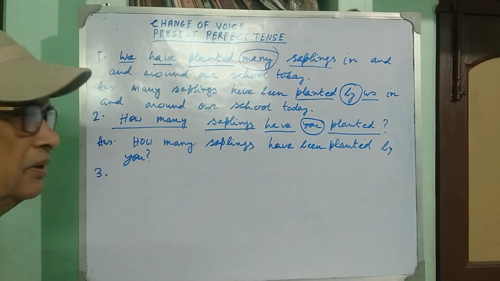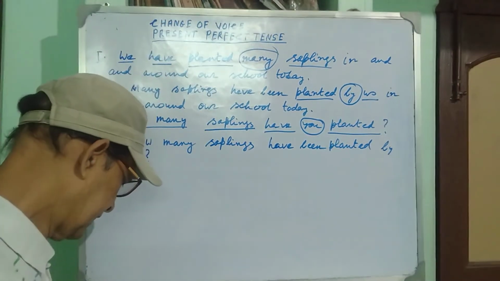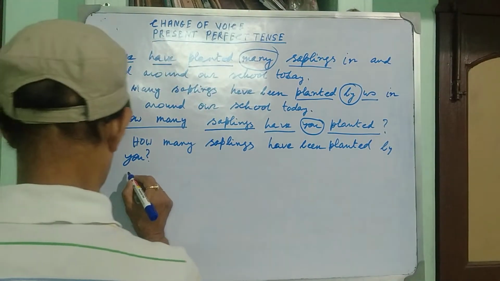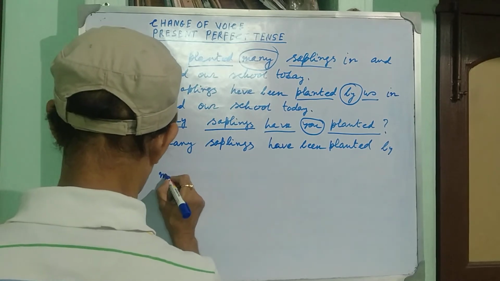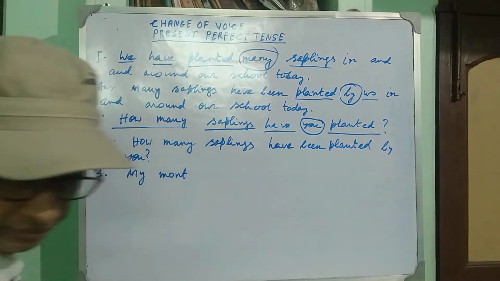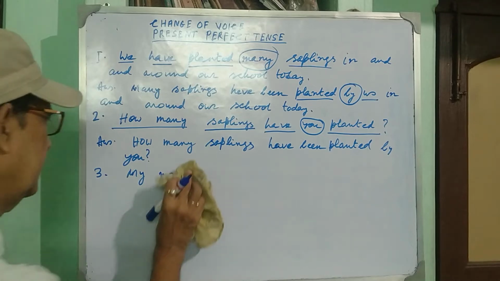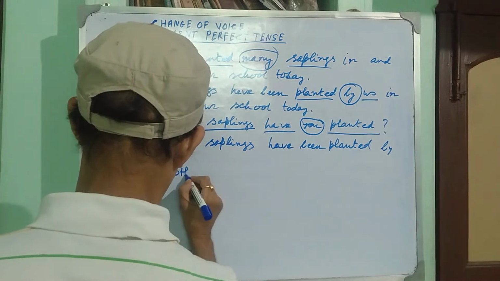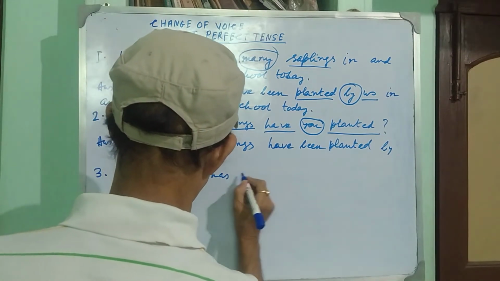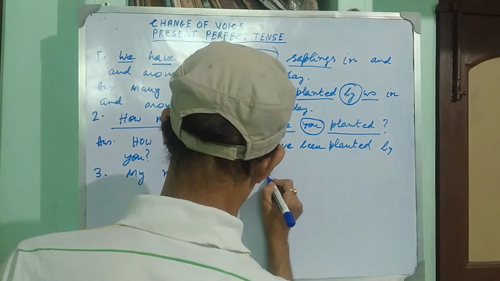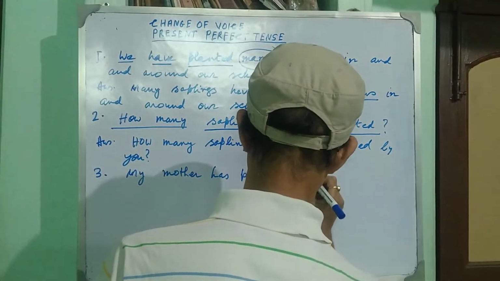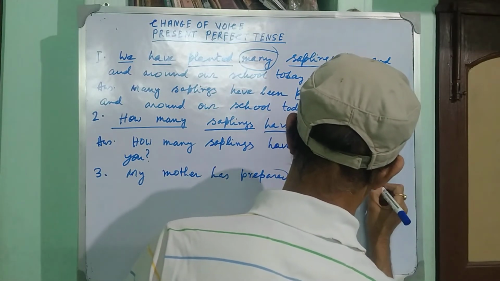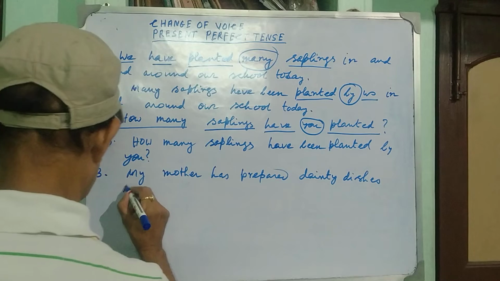Now let us come to the third example. For example, my mother has prepared dainty dishes for us.